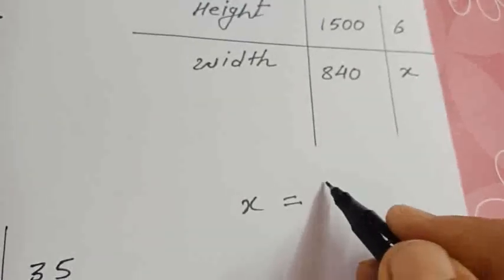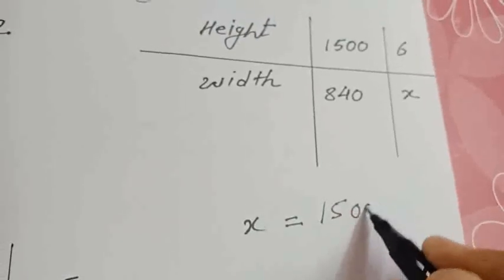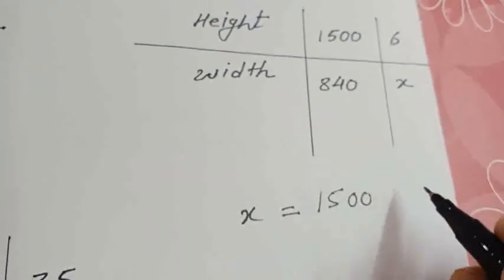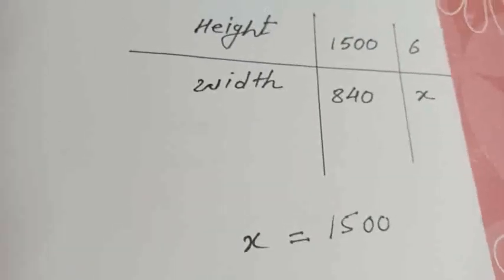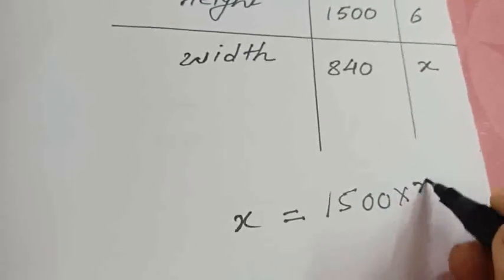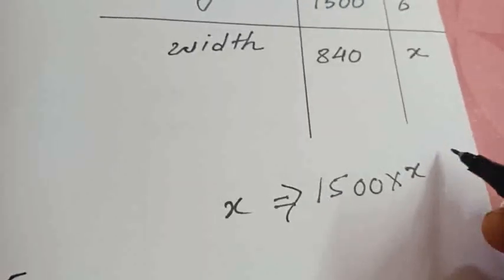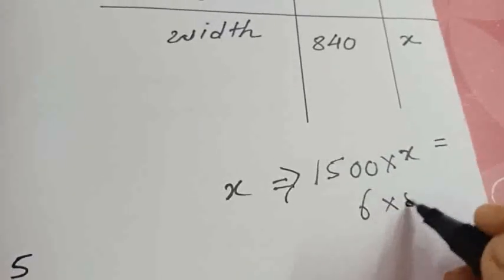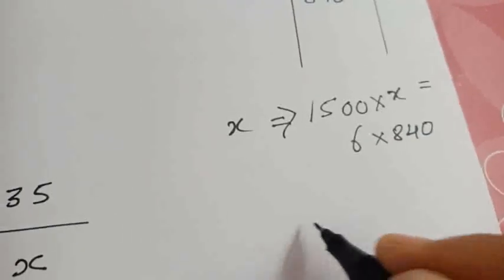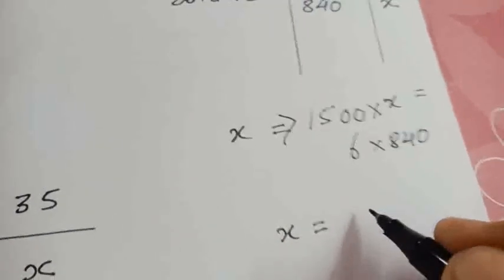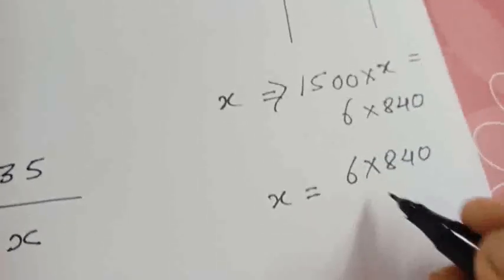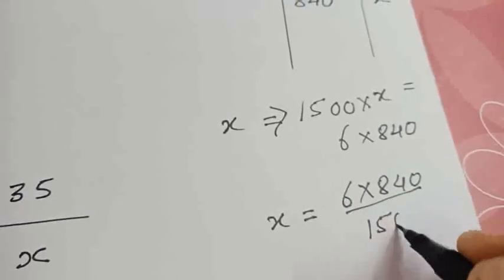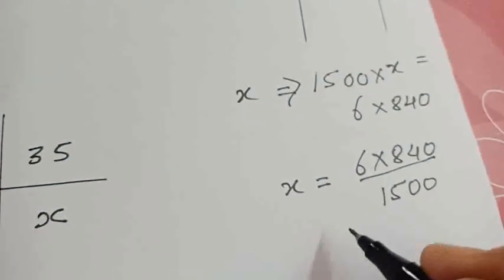So now 1500, this is cross multiplied, 1500 into x is equals to 6 into 840. And then for getting the value of x, 1500 we will send in the denominator. So 6 into 840 upon 1500. Do the cancellation.